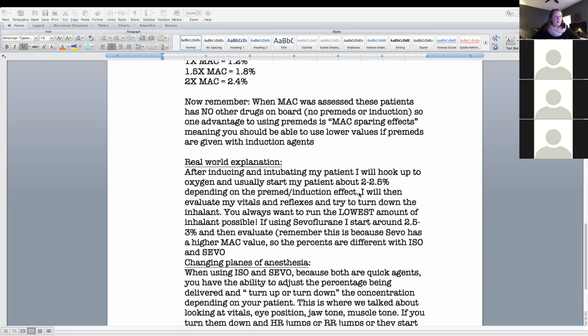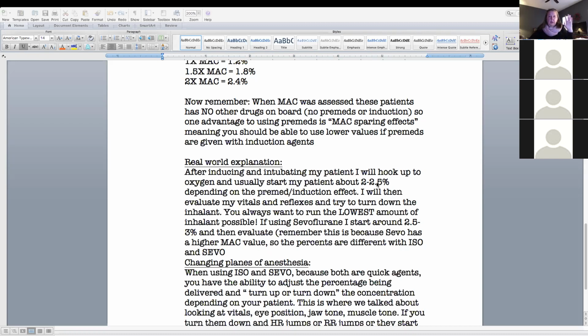I usually start my patient at about 2.5%. That will really vary depending on how deep the patient is. Some patients are deeper. Some patients fight induction, but as a general guideline, the reason I'm starting high at 2.5% is to think of it like a loading dose. If you've been in pharmacology, sometimes we give a higher dose to saturate the plasma and saturate the target tissue, and then you lower your dose.